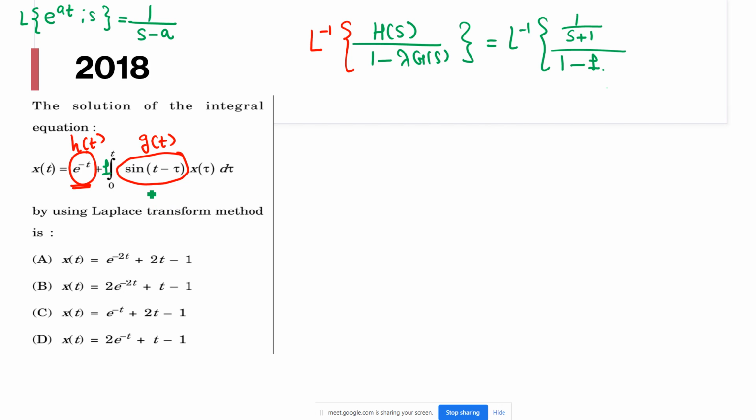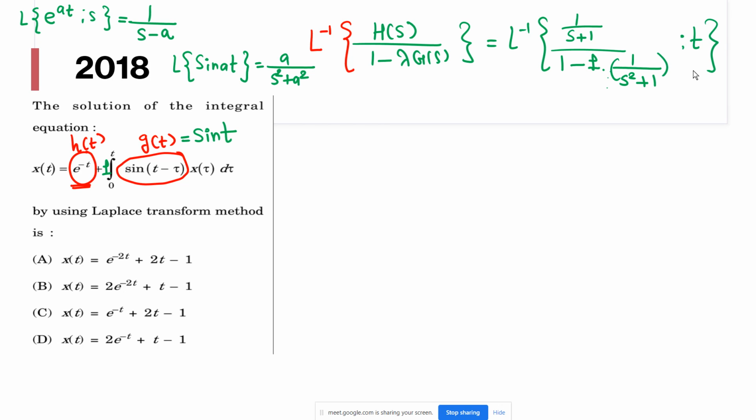The Laplace of sine at, again I'll note it over here, was nothing but a upon s square plus a square, right? Over here my function is sine t, so the Laplace would be 1 divided by s square plus 1, converted to variable t.